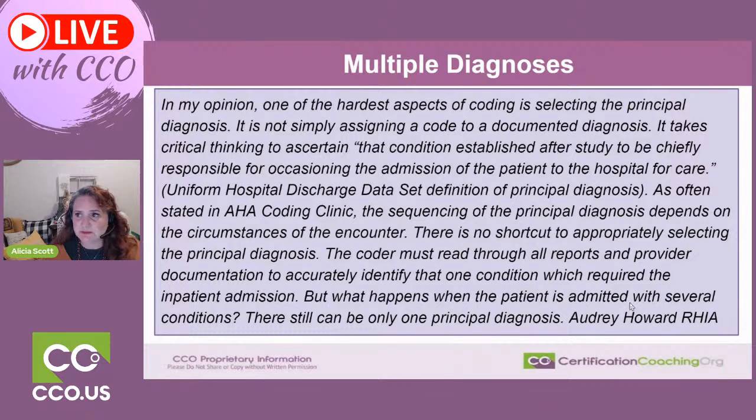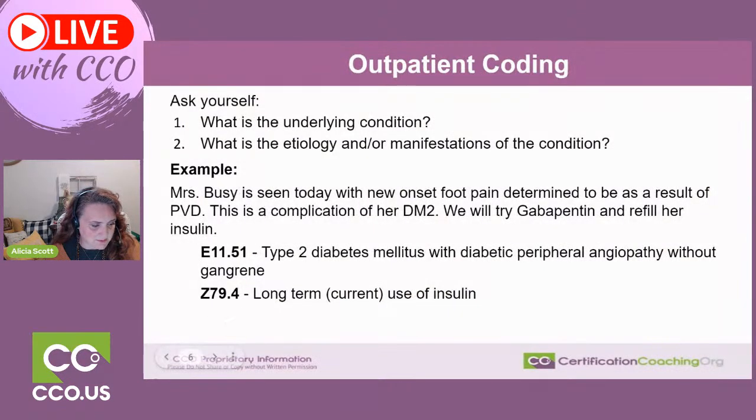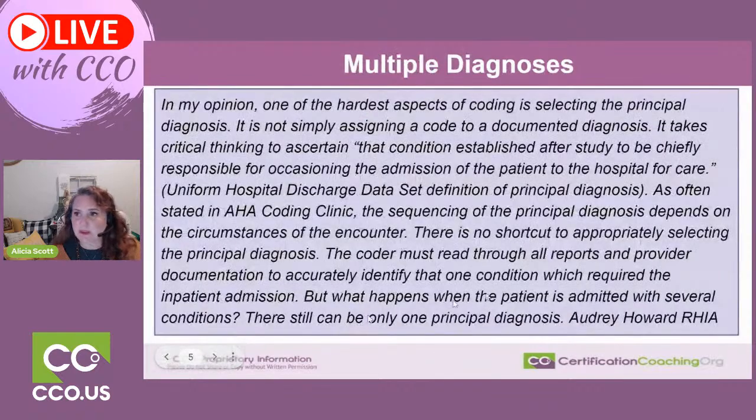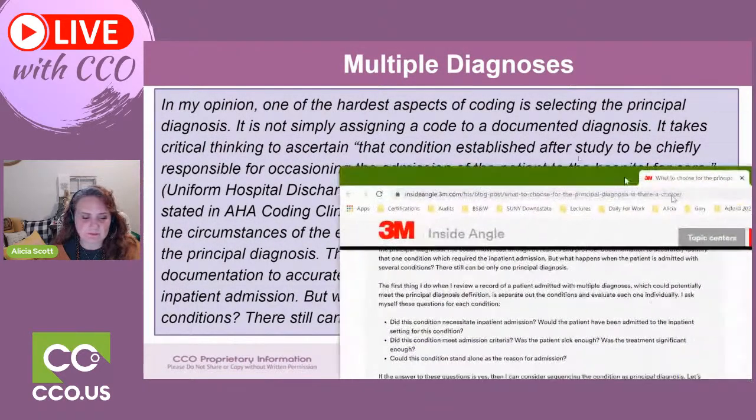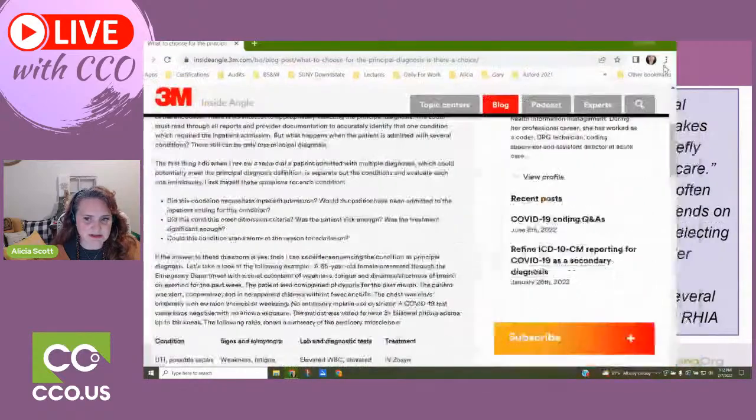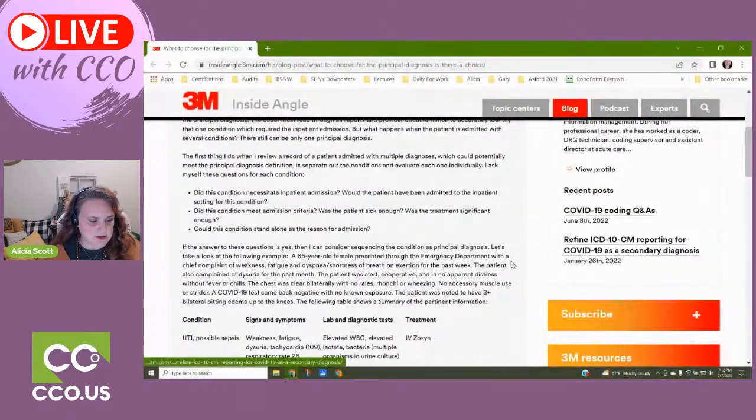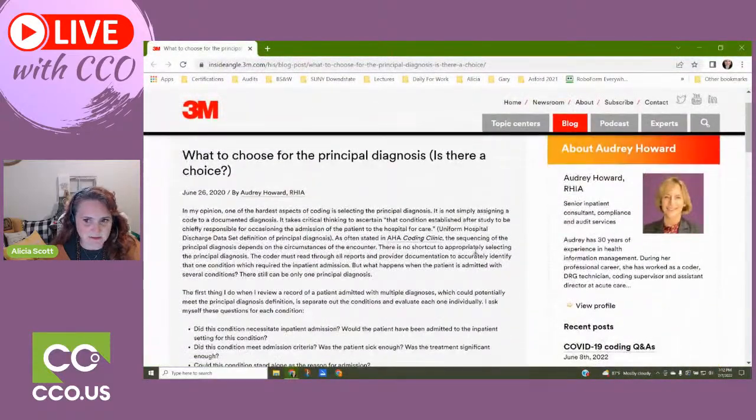Let me pull that article over from 3M. I want to make sure that you're able to see it well enough, so I'm going to see if I need to make this a little bit bigger. The link I did put in the resource slide at the end of the slide deck so that you can have access to that, and I hope it's beneficial to you.